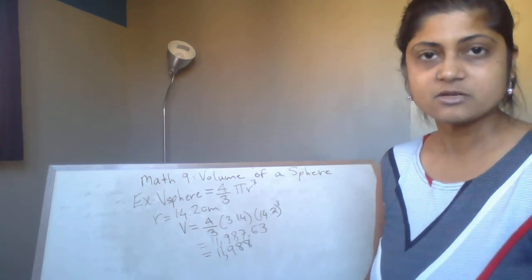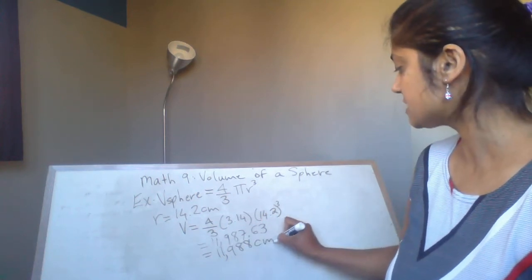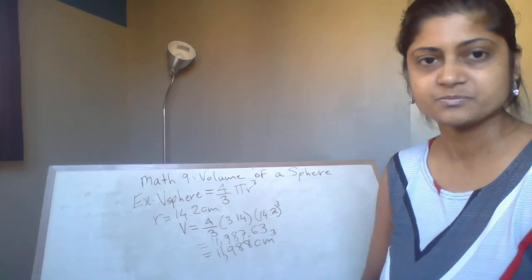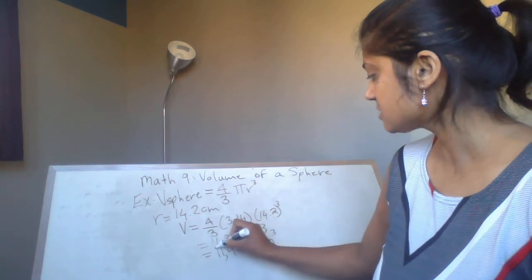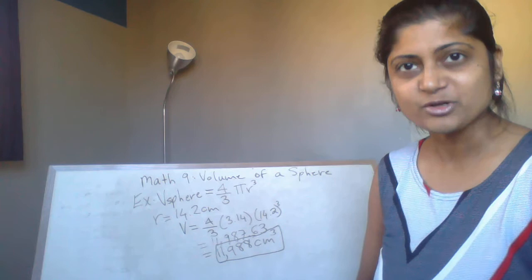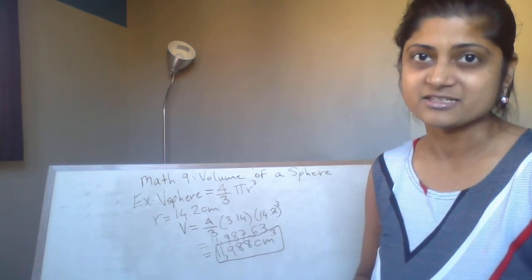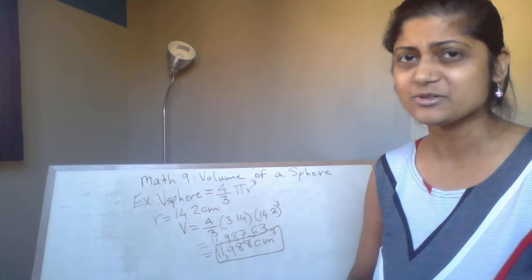Because the 14.2 was in centimeters, my answer is going to be centimeters cubed. I'm just going to box my final answer here. And because this is the volume, your units have to be cubed at the very end. All right, are there any questions so far?